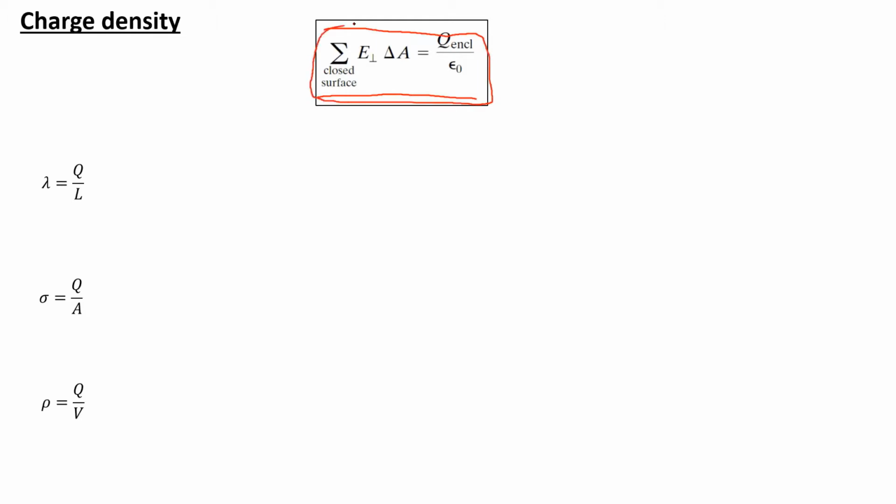And we know about this side, right? This side gives you the electric flux. That is what we mainly did last time, finding electric flux through a closed surface. What we mean by the closed surface is actually the Gaussian surface, the electric flux through the Gaussian surface.